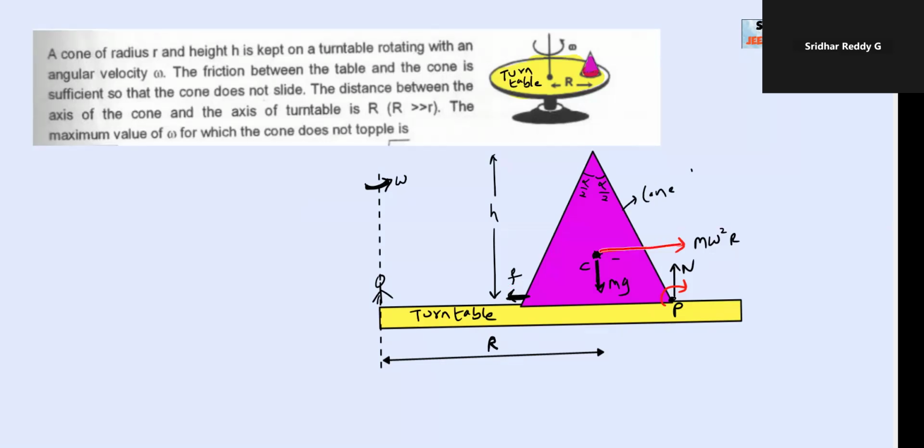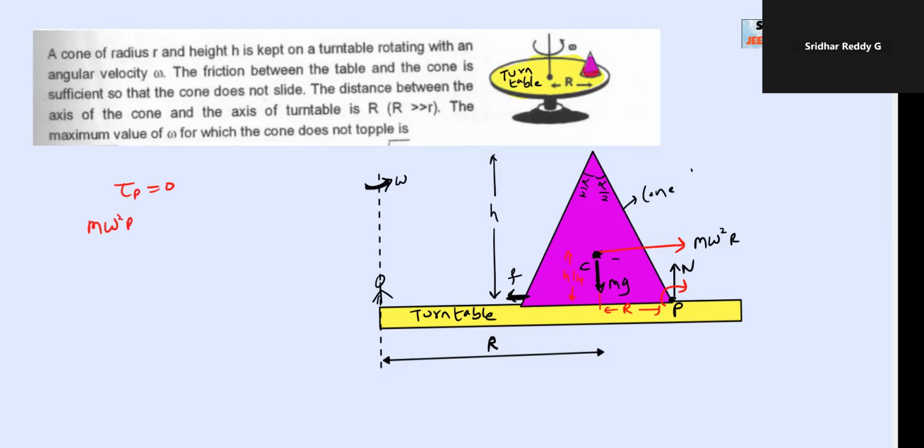Centrifugal force. For a cone, what should be the distance? H by 4. We'll indicate that in the diagram. And this distance will be R. We'll write down: net torque about point P should be 0.